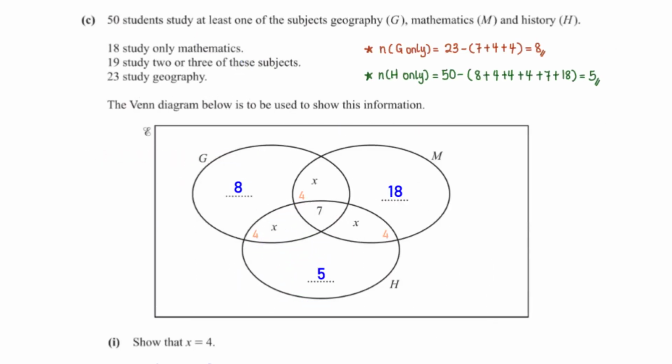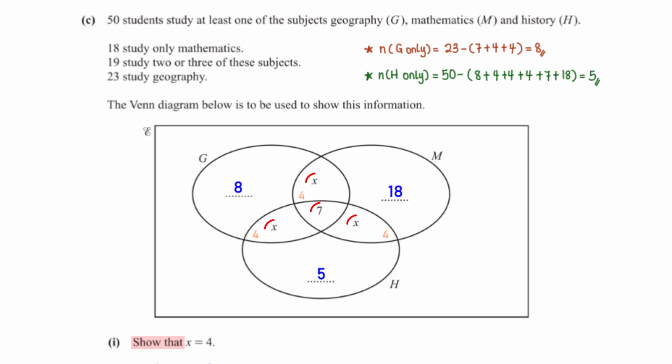50 students study at least one of the subjects geography, mathematics, and history. 18 study only mathematics. 19 study 2 or 3 of these subjects. 23 study geography. The Venn diagram below is to be used to show this information. Show that x equals 4. We are told 19 students study 2 or 3 of the given subjects.